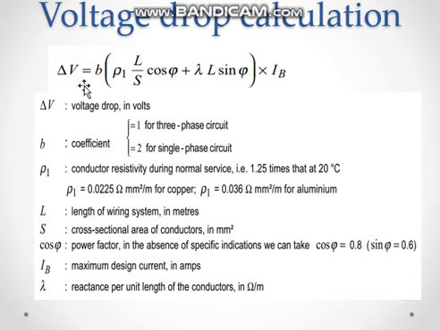Then if you see your voltage drop is greater than 3, which is the maximum allowable voltage drop, you have to go back into your formula, then use a cross-sectional area which is greater than the one you have used before. So you have to make sure you get a voltage drop which is less than 3%.